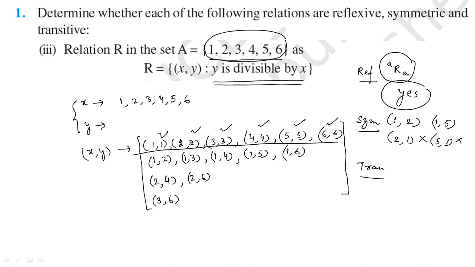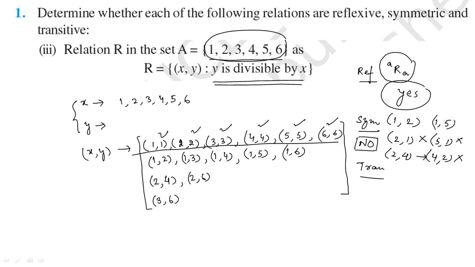Similarly, other combinations. If I am talking about 2 4, then 4 2 is not there. This one is not there inside the set. It means answer is no, related to symmetric.